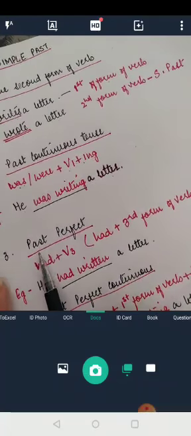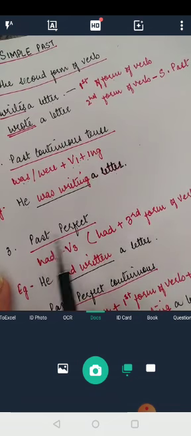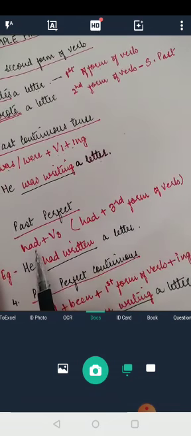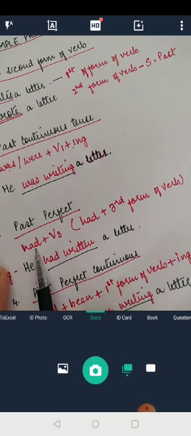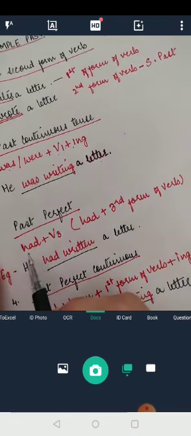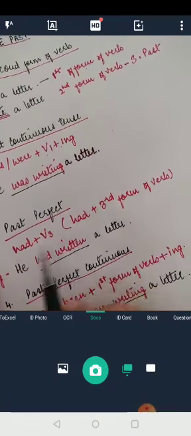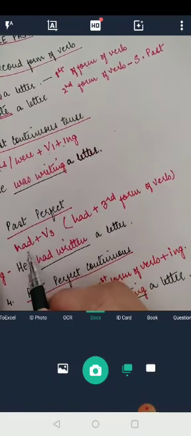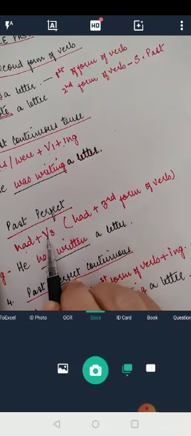Then we have the third form of past tense, that is the past perfect. In past perfect, just remember there is only one word that is used, that is had, which is used for singular and plural both. So this is the rule: had plus verb in the third form.